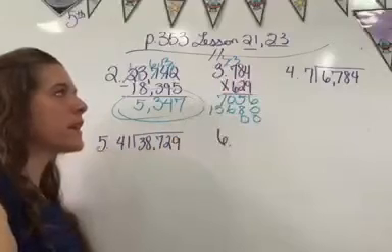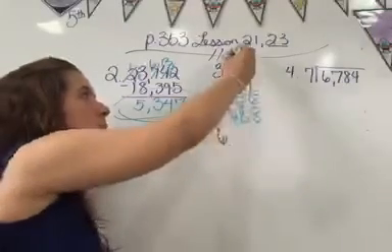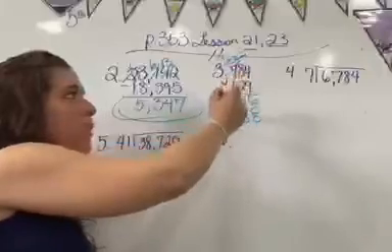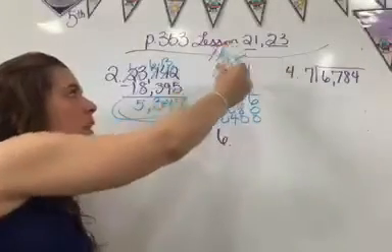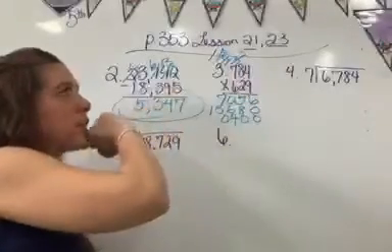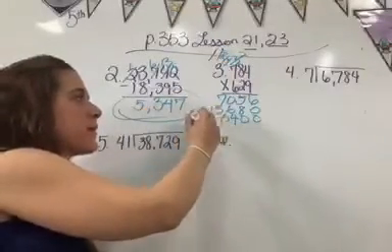6 times 4 is 24. 6 times 8 is 48 plus 2 is 50. 6 times 7 is 42 plus 5 is 47.